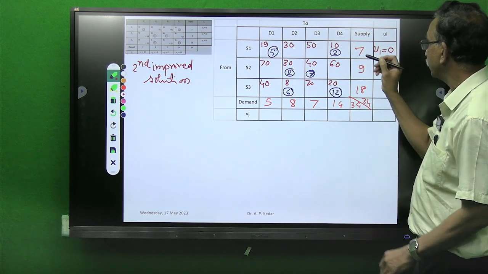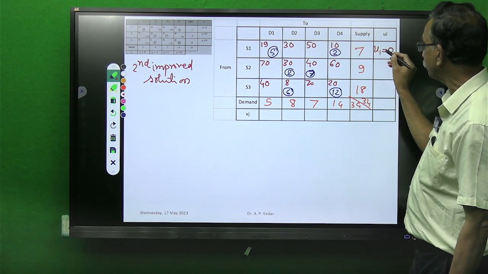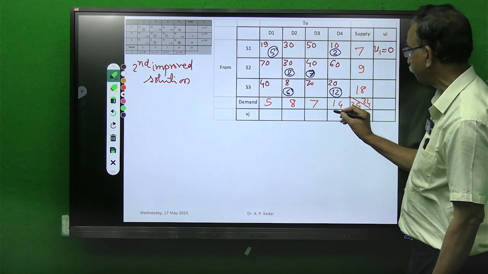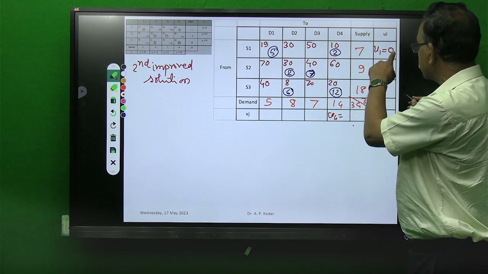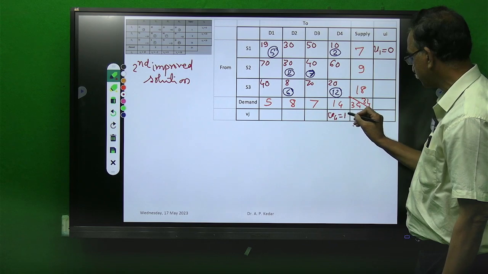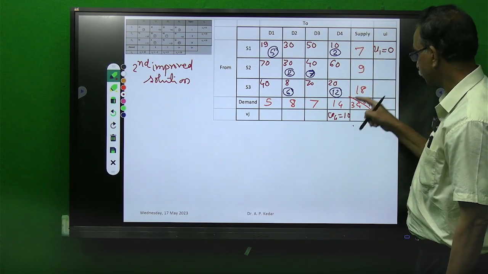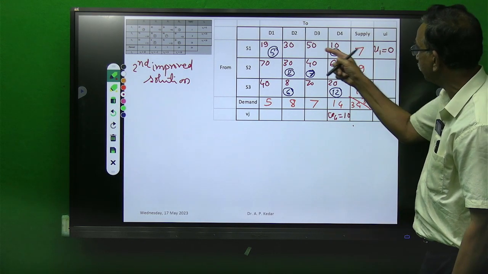Students, this cost 10 at the allocated cell is the result of u and v. So which is this value of v4, which will bring this sum to 0? So naturally 0 plus 10 will bring this cost 10. So 10 plus 0 is 10. That is the logic.